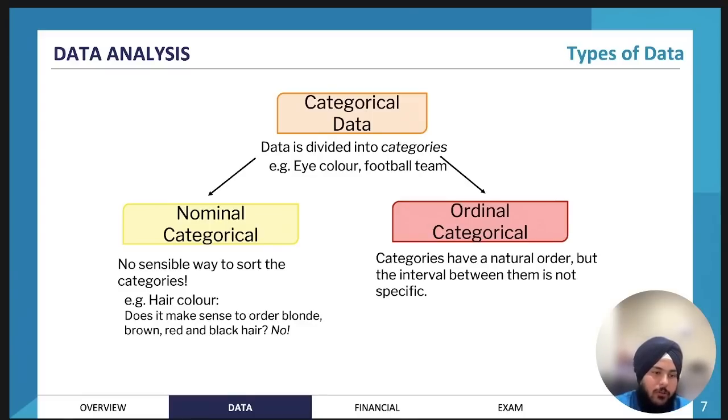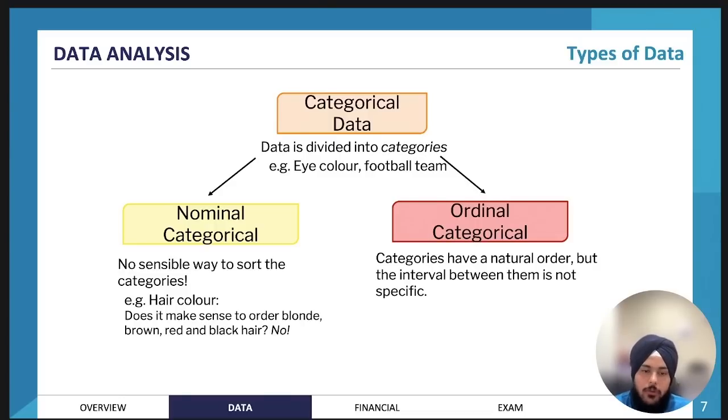Nominal categorical data represents basic categories that usually have no associated order. For example, hair color: we can have blonde, black, brown, but these colors don't really have an associated order. If someone has blonde hair, it doesn't mean their hair color is above a different hair color. It's just basic categories which have no associated order.